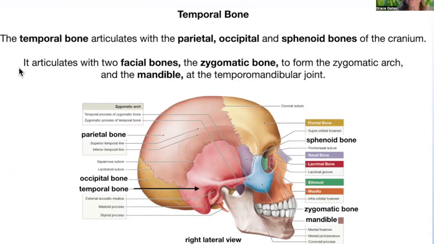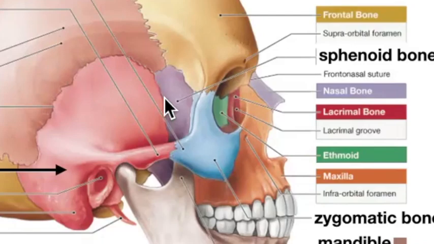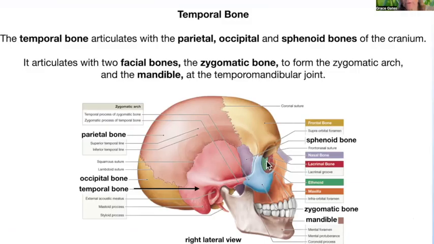So it really gets in touch with many, many bones, okay? It misses the frontal bone, but it articulates with the parietal, the occipital, and the sphenoid, misses the ethmoid, okay? Then it articulates with the zygomatic bone, which we'll learn, and the mandible, which we'll learn in the next section.